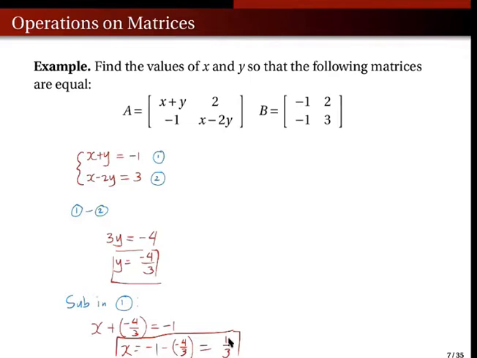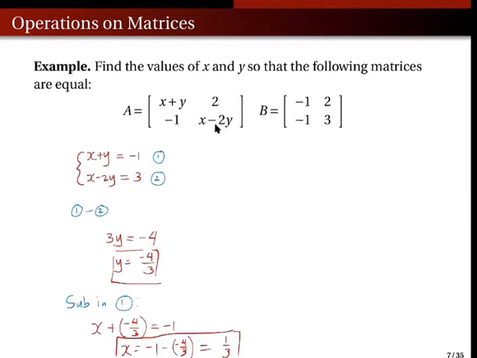And then in here, you have x minus 2y. So 1/3 minus 2 times negative 4/3. So 2 times negative 4/3, that's negative 8/3. But there's a minus here. So it becomes plus 8 over 3.